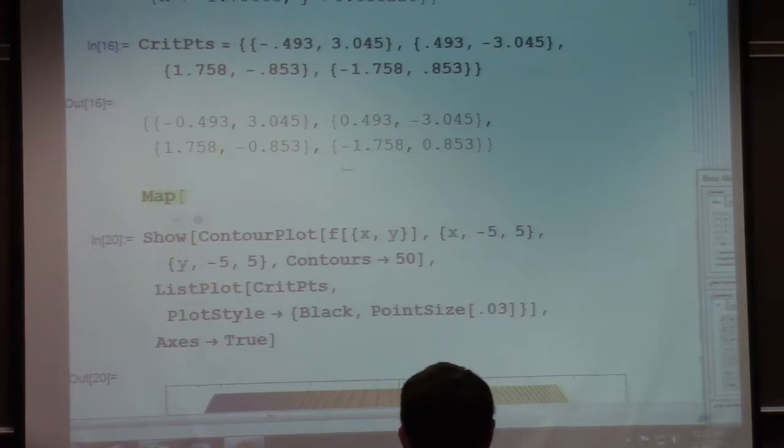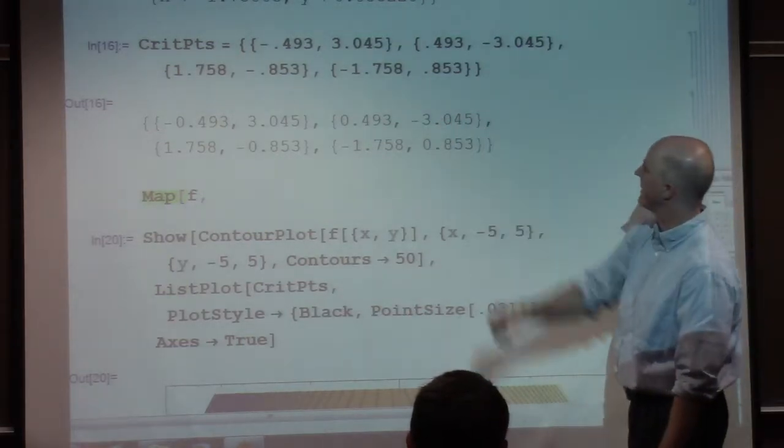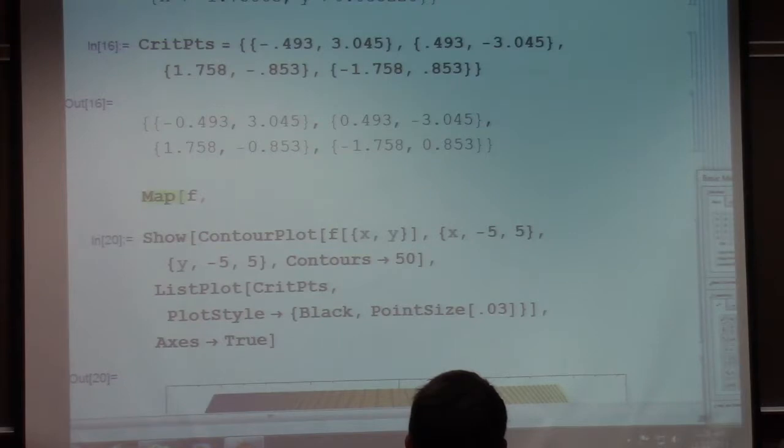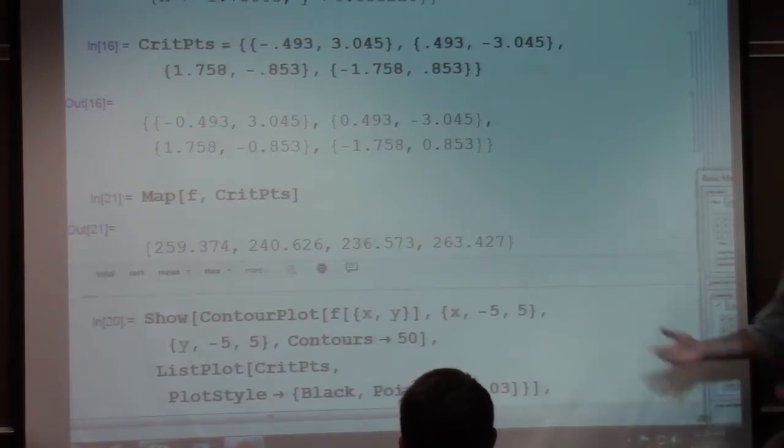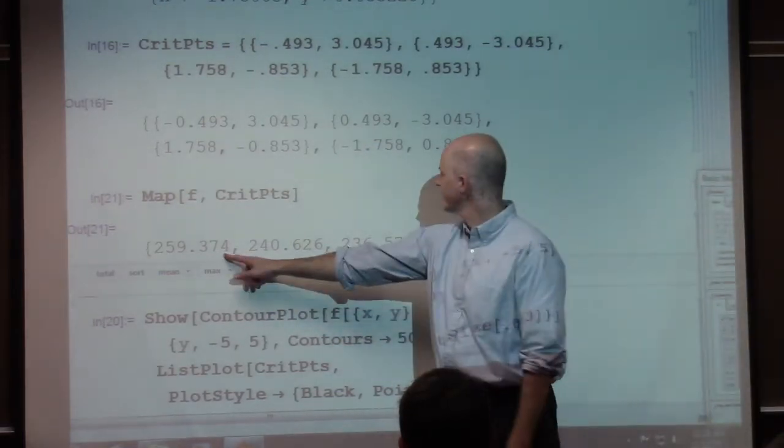Map takes a function, in this case the function f, and applies it over whatever list you put next after the comma. And the list I'm going to put is crit points, this list that I've defined. There we go. There's the outputs of the function at those 4 points. I can do it in one line of code.